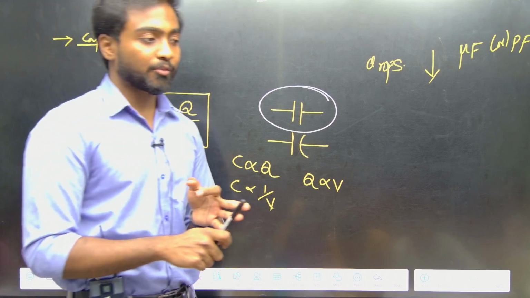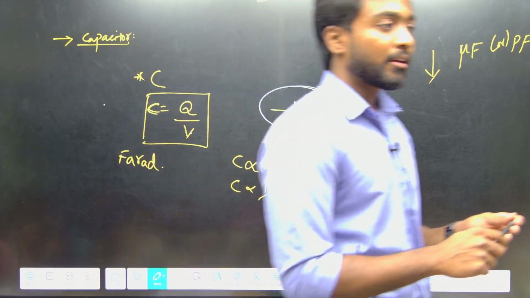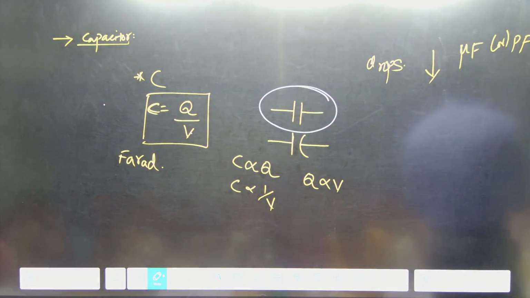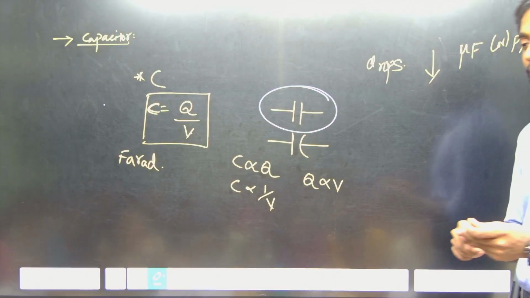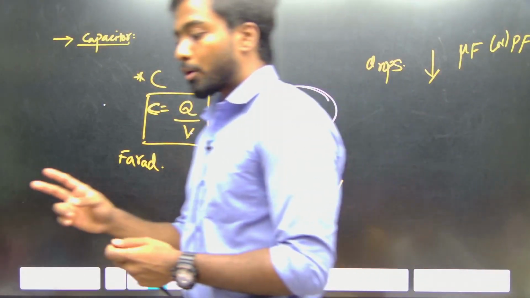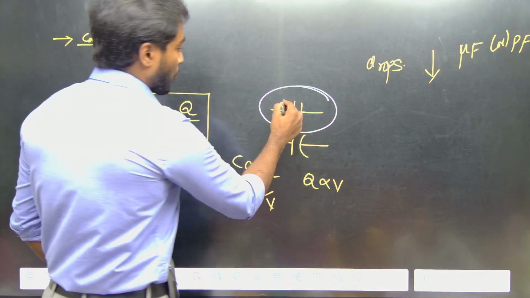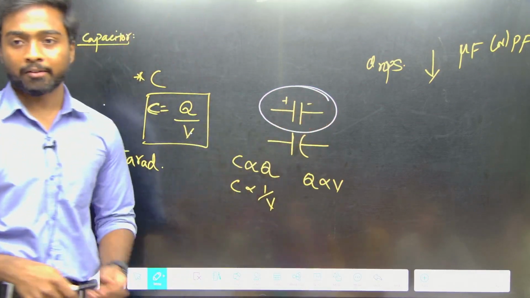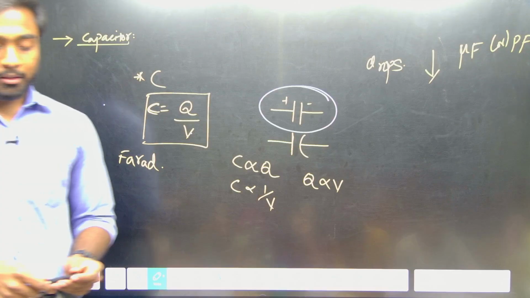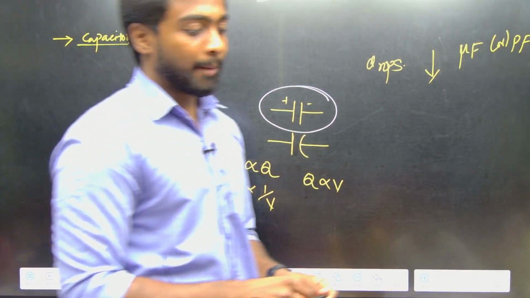Under spherical, a special case is there, that is isolated capacitor. Whenever we are talking about a capacitor, there should be two surfaces, one positive and one negative.